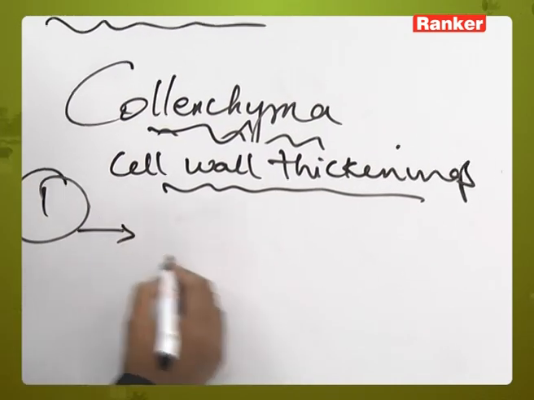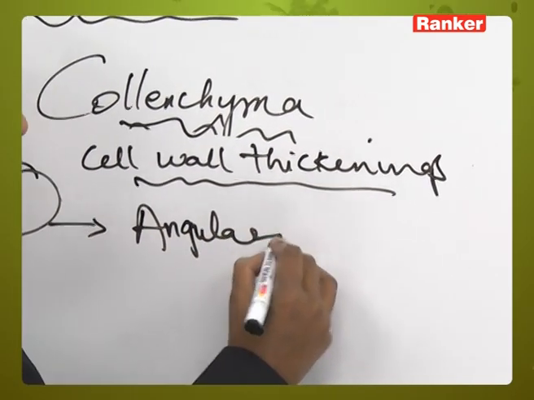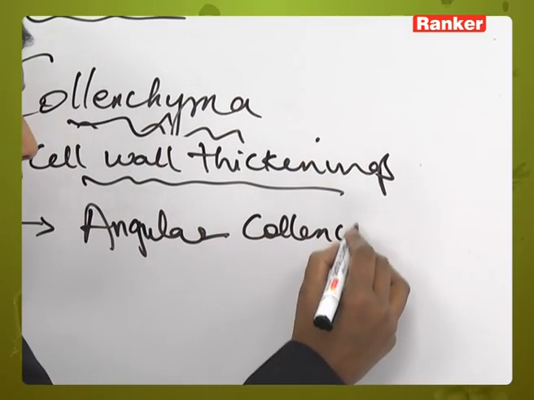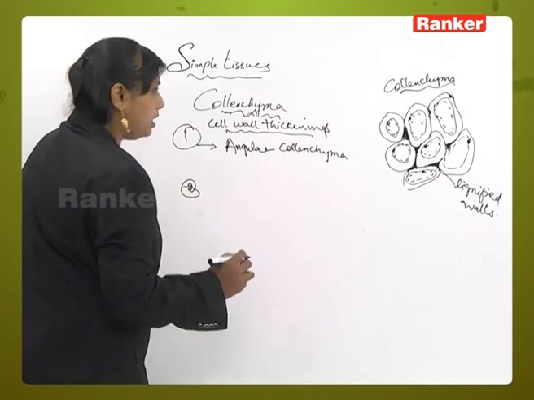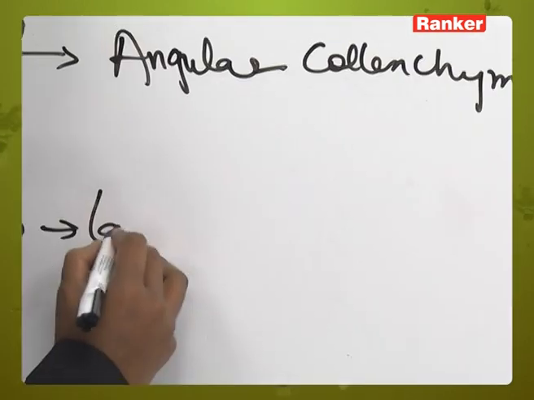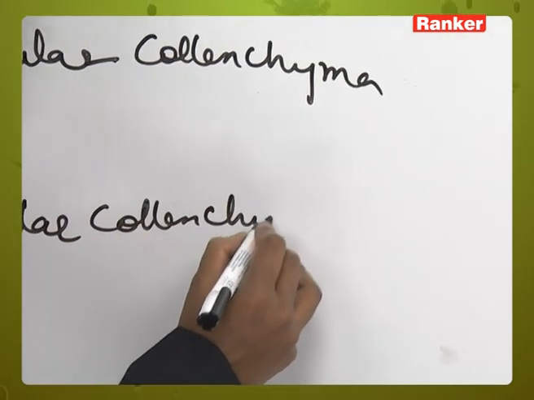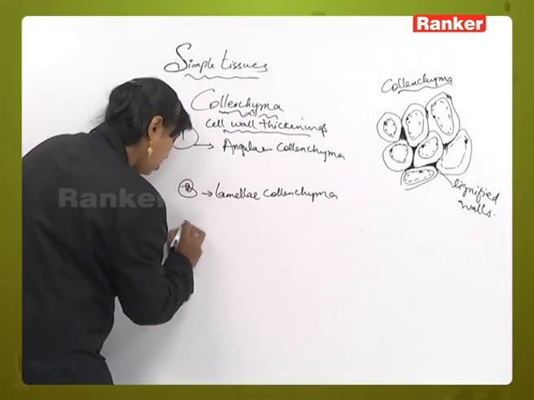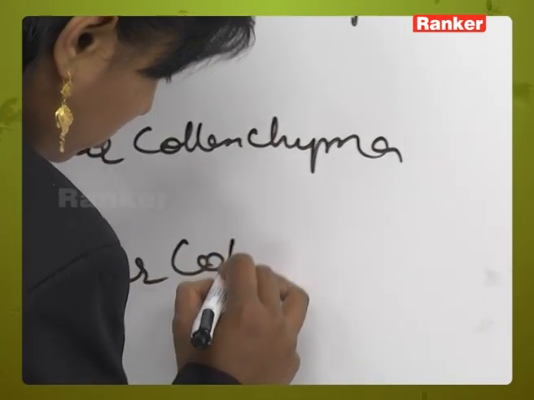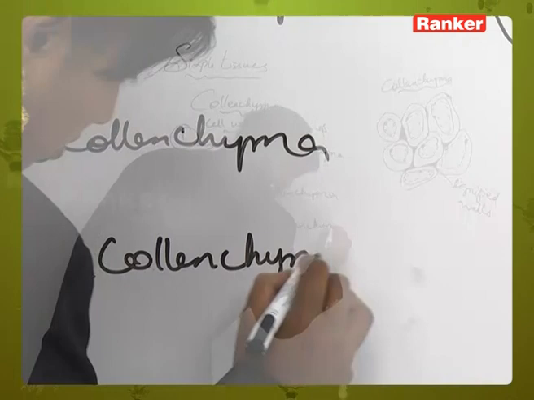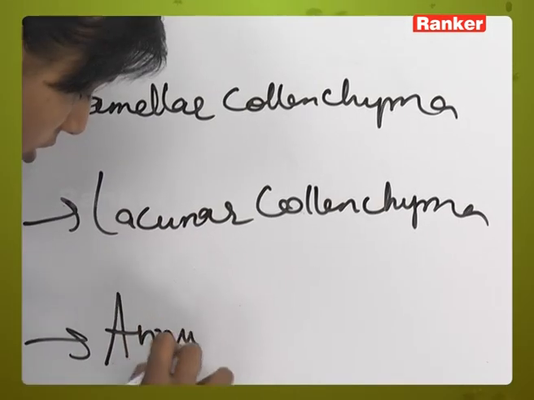The first one will be angular Collenchyma. Next will be lamellar Collenchyma. Third will be lacunar Collenchyma. And the fourth will be annular Collenchyma.